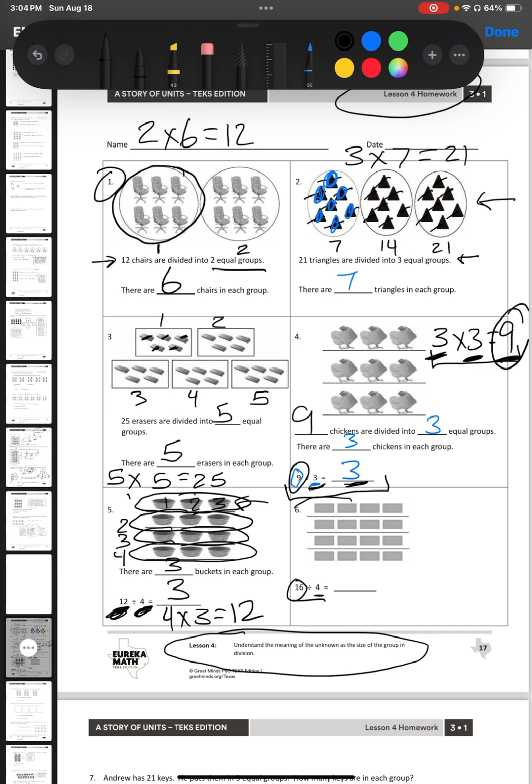They're divided into these 4 groups again, the rows. And we're looking for how many are in each row. Well, each row or each group has 4 bricks in it. We could count them 1, 2, 3, 4, 1, 2, 3, 4, 1, 2, 3, 4, 1, 2, 3, 4.